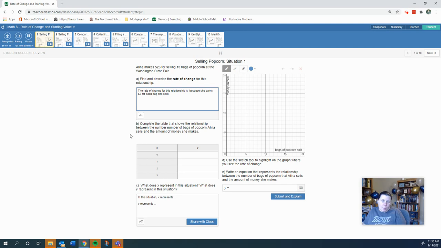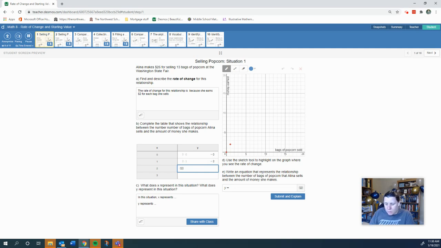Okay. Part B, complete the table that shows the relationship between the number of bags of popcorn Alina sells and the amount of money she makes. You probably did this part in your head, but I'm going to do it not in my head. She gets $2 per bag, but times 0, because she sold 0 bags, is going to be $0. $2 per bag, she sells 1 bag.